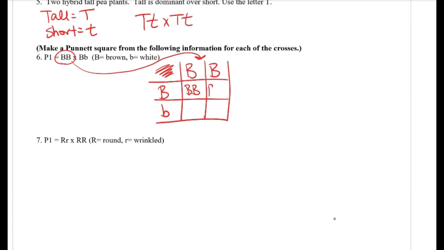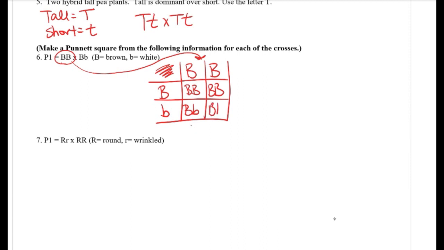Same thing here, it just happens to be exactly the same. Now this time I'm going to bring big B and little b. Always a good idea and very good practice to always put the dominant first, okay? It's very rarely you see it like that, except when we get to gametes, and we'll talk about that in dihybrid. But it's easy when we get to pheno and genotype, especially phenotype, to always put the dominant allele first.